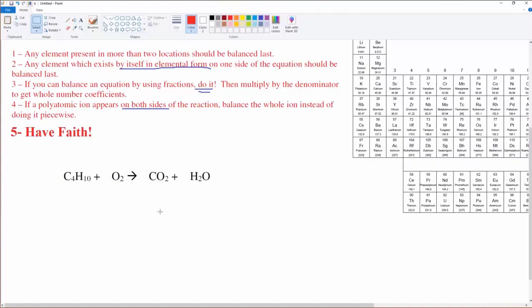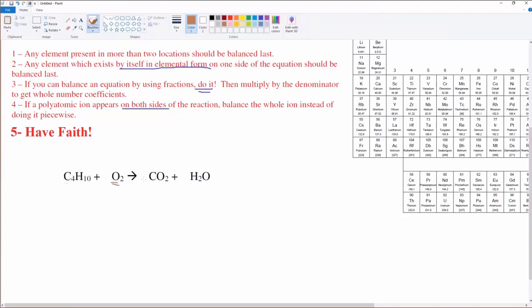Okay, so just eyeballing this as per my guidelines, I know that I'm going to want to balance my oxygen last because it's in 3 locations and because it's all by itself right here. So that will make my life easier. Other than that, I'm just going to move from left to right.